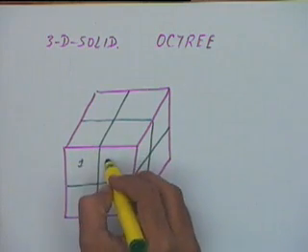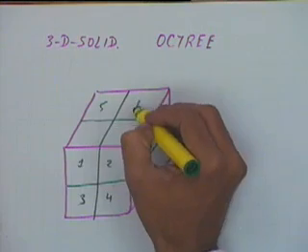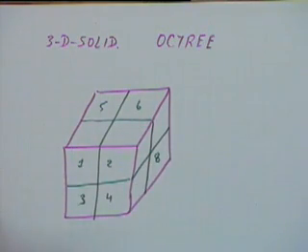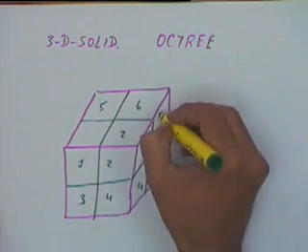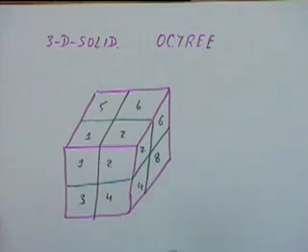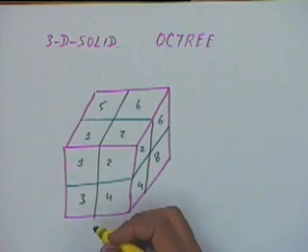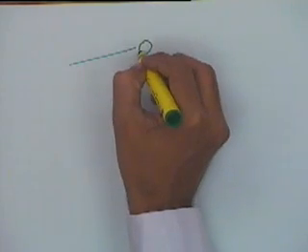We'll have, let's say, 1, 2, 3, 4, this one will be 5, this is 6, 7 will be at the bottom corner, and this one will be 8. These are faces of 2, this is 4, this is 6, and this is 1. So every cube will be divided into 8 octants, and every node of the tree will have 8 children.